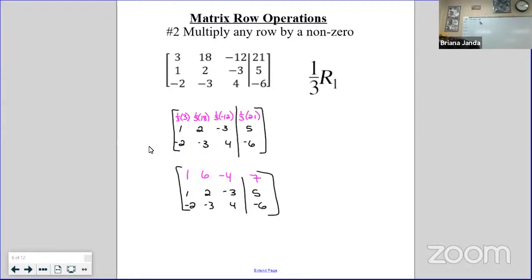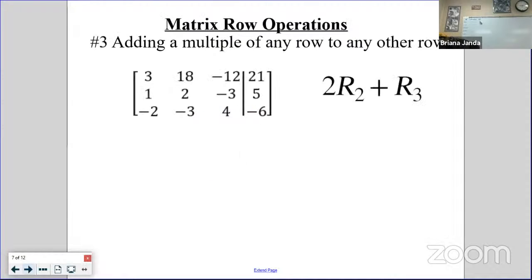The third operation that can happen is that you can add a multiple of a row to any other row. And a multiple can be a positive or a negative number. Okay, so like this, we have a +2 times row 2, and we're going to add that to row 3. This can be a little confusing as to what's changing.